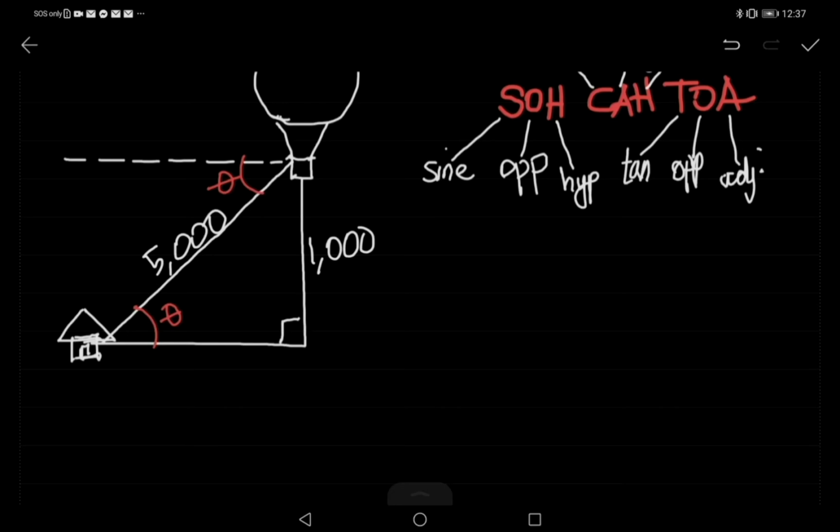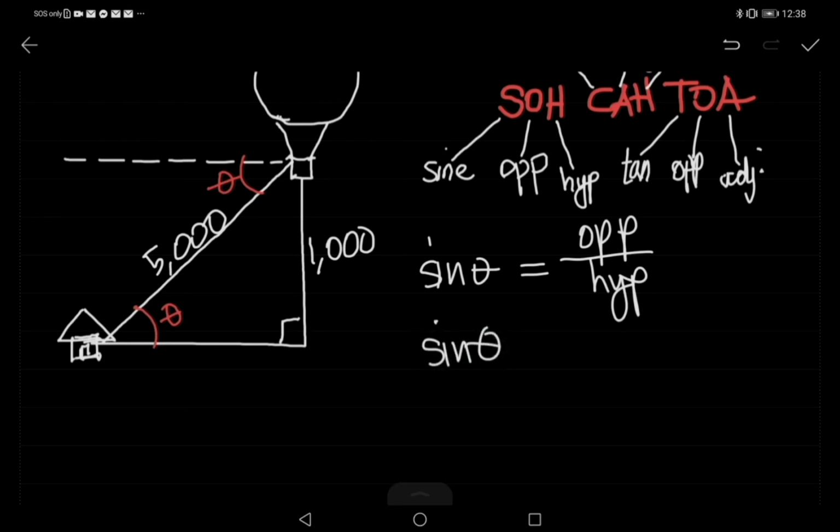Sine theta is equal to opposite over hypotenuse. Sine theta, opposite equals 1,000 over hypotenuse is 5,000.